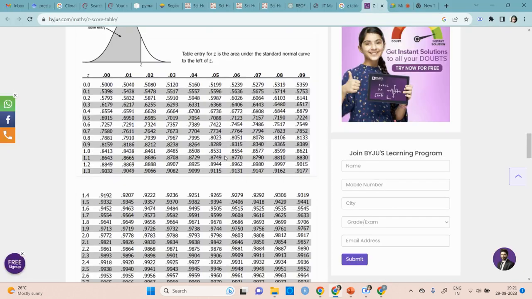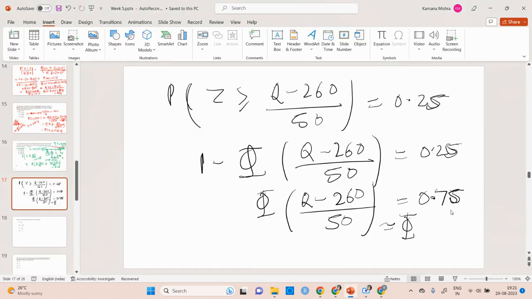So here you need to find where is 0.75. It is approximately 0.75717, so you can see it is at 0.68. So it will be 0.68. Okay.